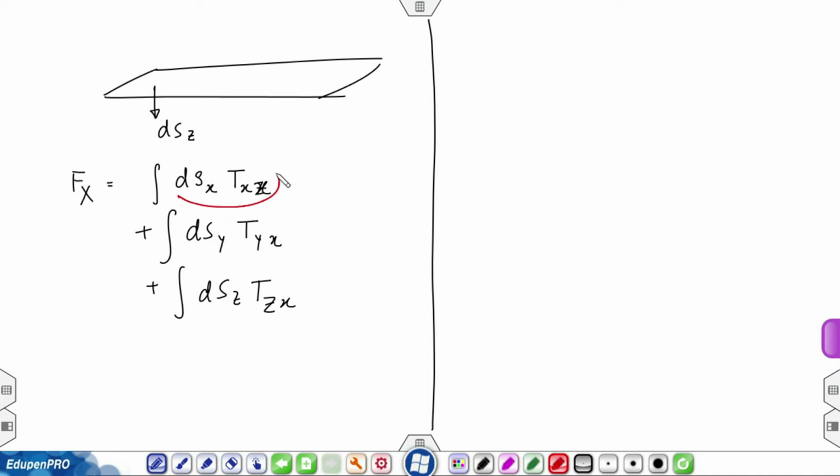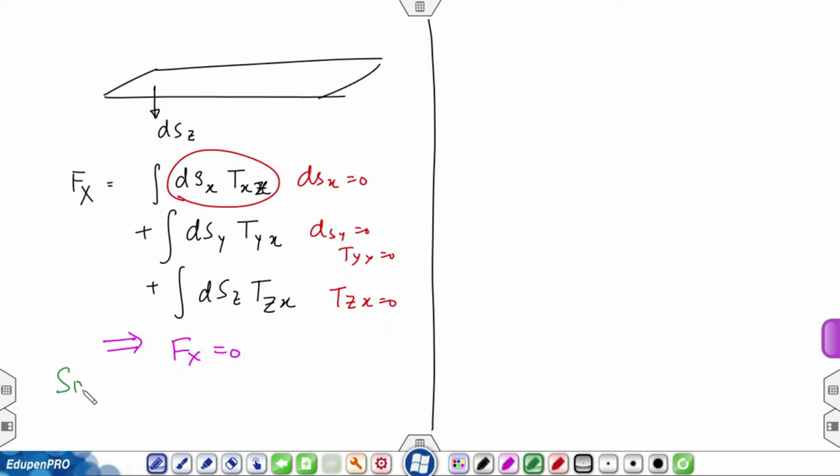On the surface, d s x is equal to 0, d s y is 0, t y x is 0 and t z x is 0. So, this implies that f x is going to be 0. Similarly, f y you can show is 0.